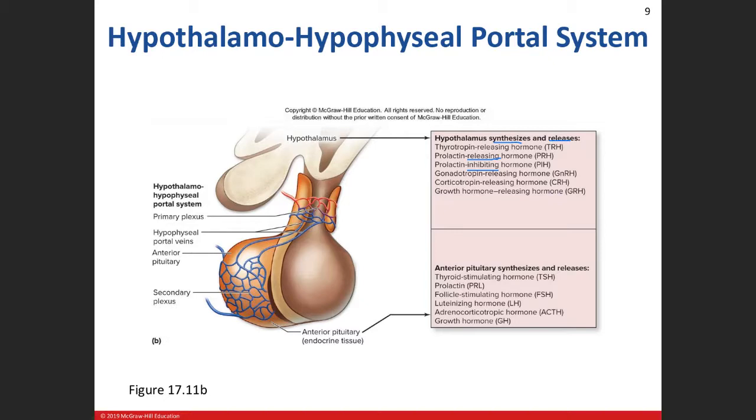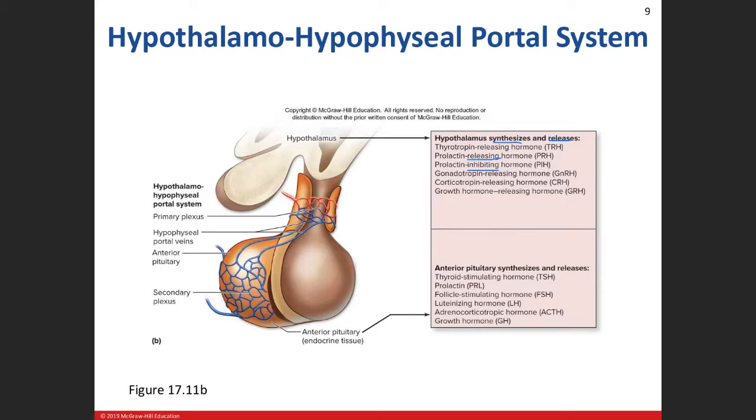Either they'll be releasing hormones, which will encourage other glands to release their hormones, or they'll be inhibiting hormones, which prevent hormones from circulating. Then you've got the gonadotropin releasing hormone, the corticotropin releasing hormone, growth hormone releasing hormone. There's a bunch. We'll get into more detail in lecture.